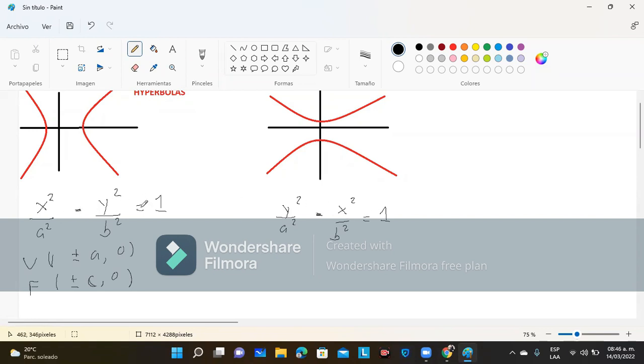When we have the positive term with x, that is a squared, and when we have the positive term with y, that is a squared. For this one, the vertices are 0, plus or minus a, centered at the origin, and the foci are 0, plus or minus c.